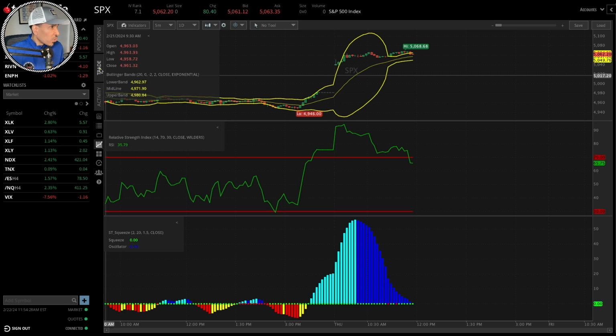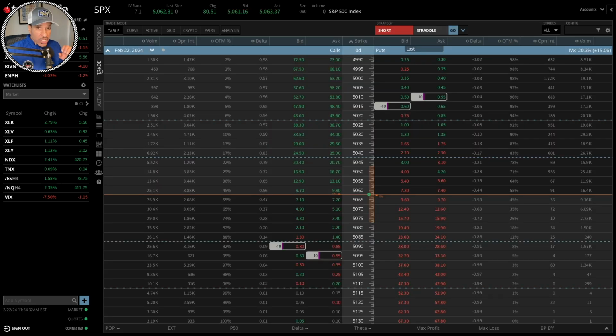As a result, I decided to go on the call side, because I'm always looking to trade in the direction in which the SPX is moving. Considering it made such a large move right as the market opened, that takes a lot of energy for the SPX to move that significantly.